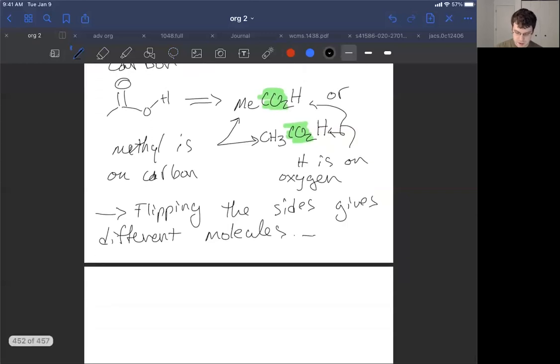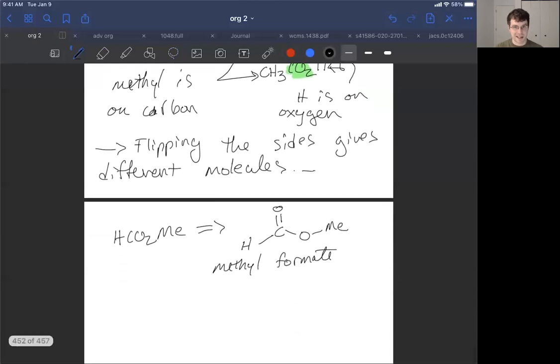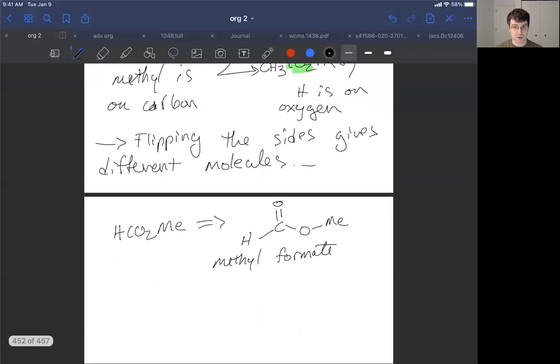So if instead I wrote HCO2Me, that's actually an ester, because what we have here is the carbonyl. The thing on the right next to the 2 is our methyl group, and the thing on the left is our hydrogen. So this would actually be methyl formate. We should name that later when we talk about ester naming. So that's not going to work. We can't flip the sides, otherwise we get different molecules. So it's kind of important.